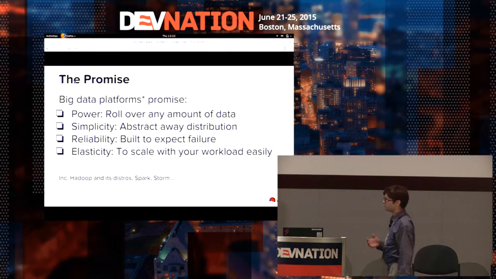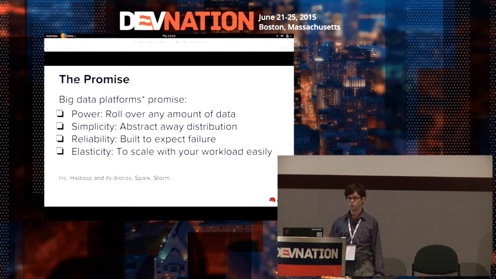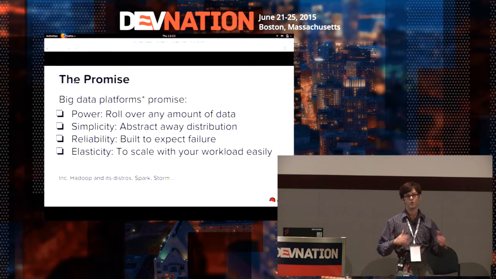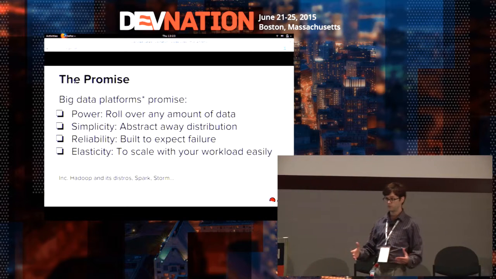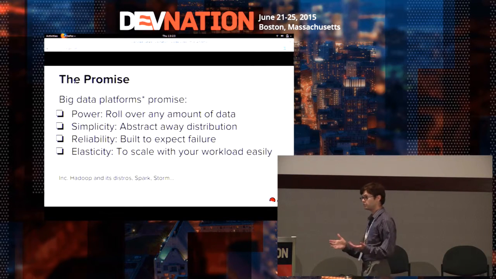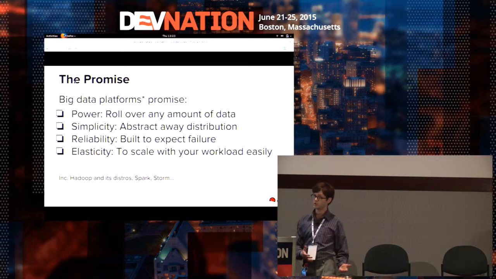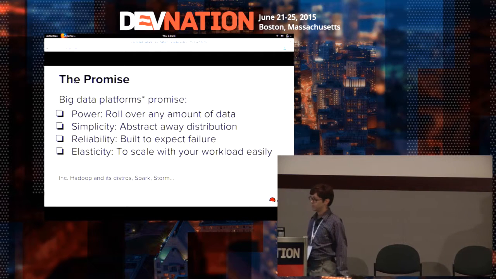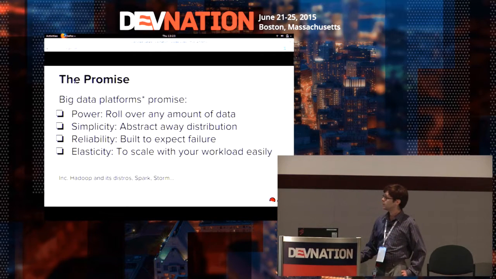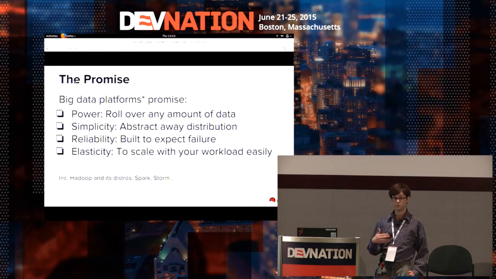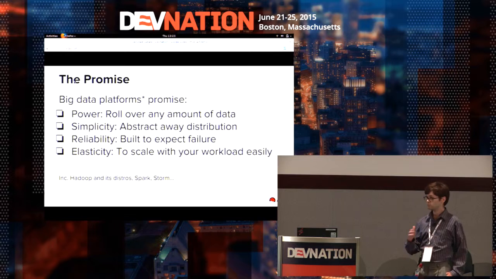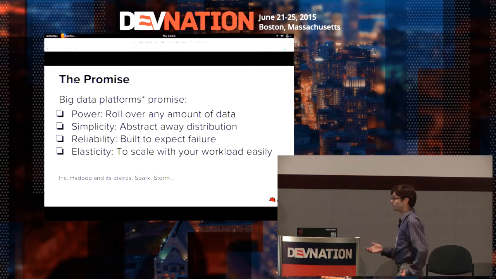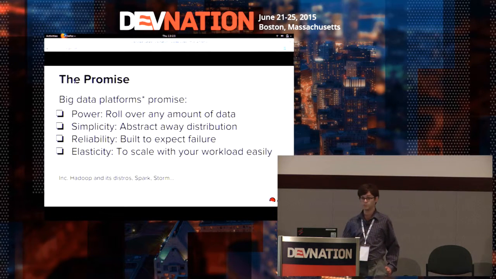They're going to make us able to write algorithms that are going to be able to deal with heavily distributed workloads without knowing a ton about distributed data processing, consensus algorithms, all these bits that are actually really difficult. It's going to get rid of that for us and just let us concentrate on our code. It's reliable. It's built to expect failure. We can run it on community hardware. Makes it cheaper to run. Great. And it's elastic. It can scale with your workload easily.